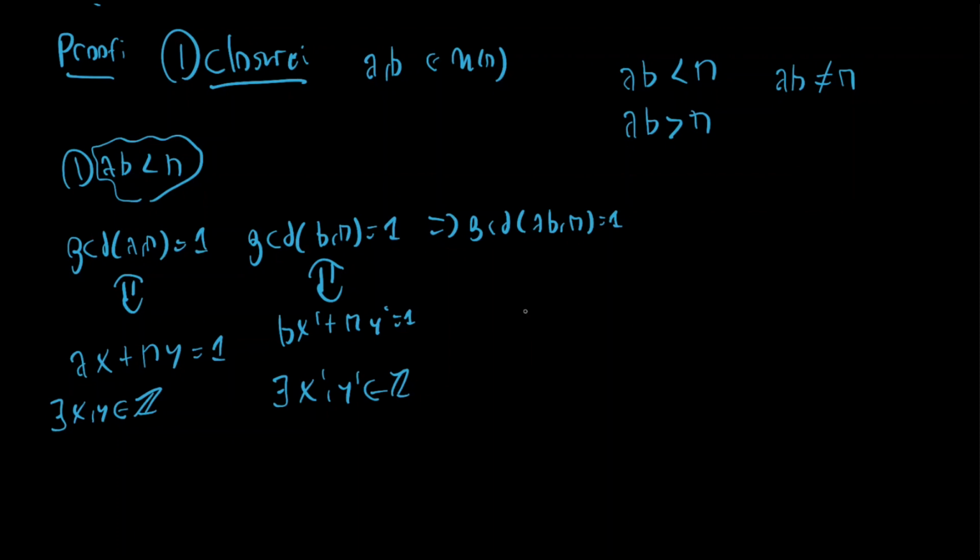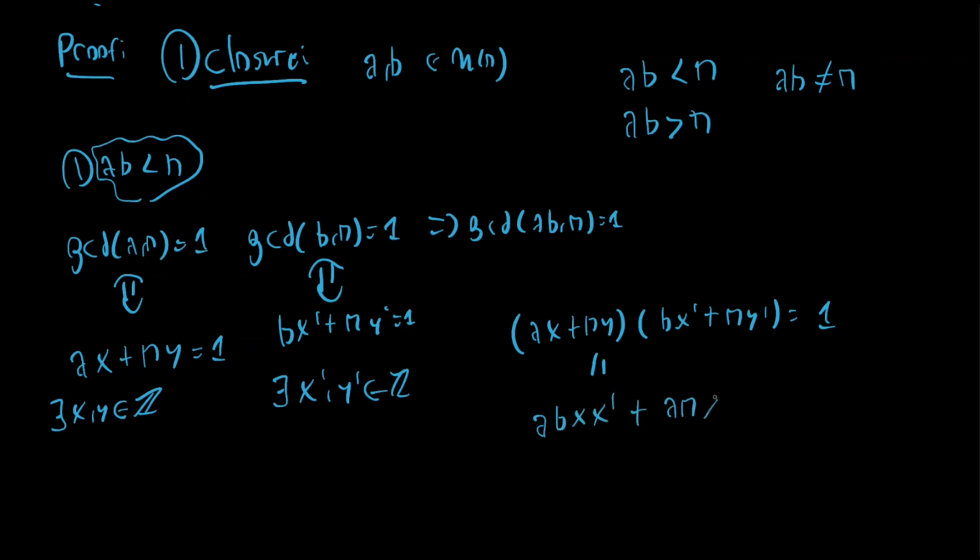Now multiplying these, we have (ax plus ny) times (bx prime plus ny prime), which is still equal to 1. By foiling this product, we have ab x x prime plus a n x y prime plus b n x prime y plus n squared y y prime, and all of this is equal to 1.